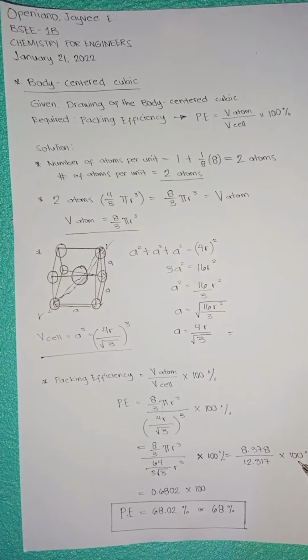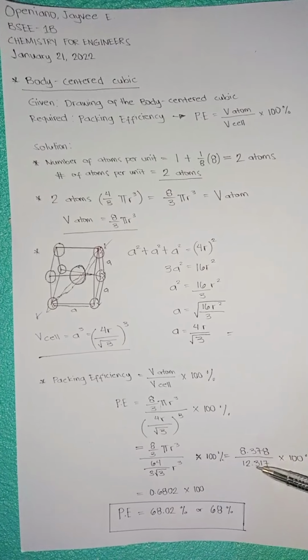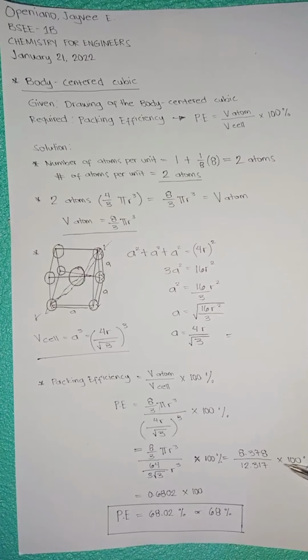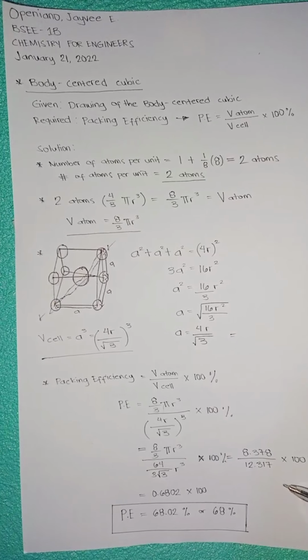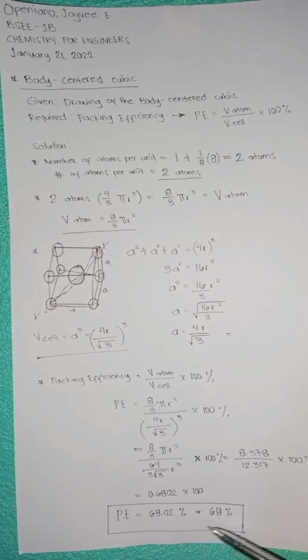So times 100%: 8.378 divided by 12.317 times 100% is equal to 68.02%, or 68%.